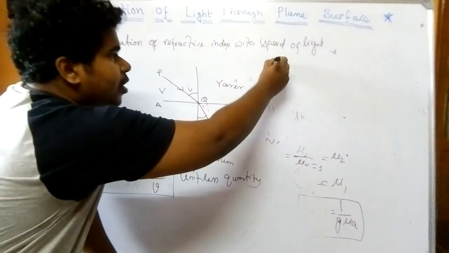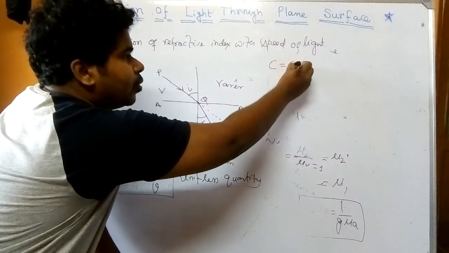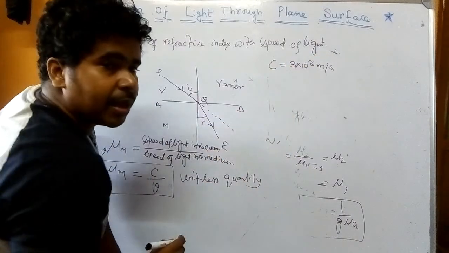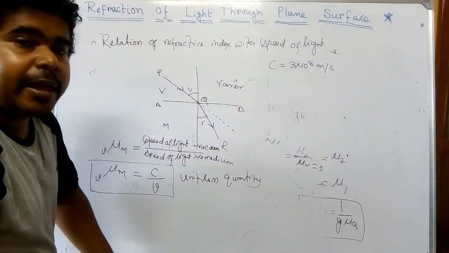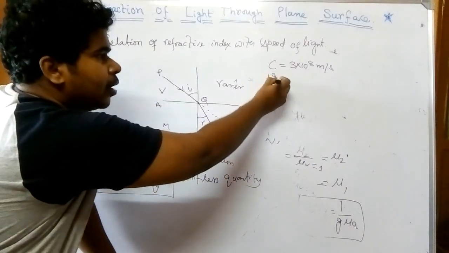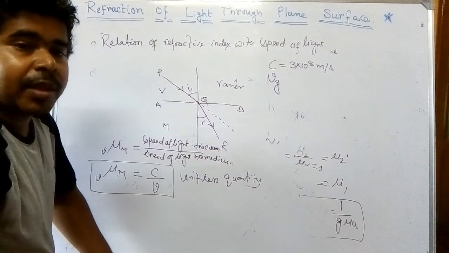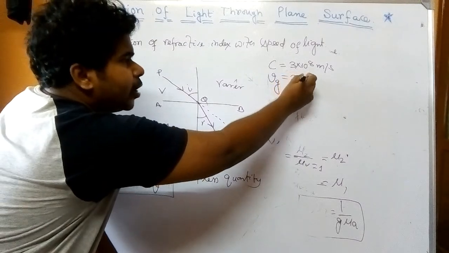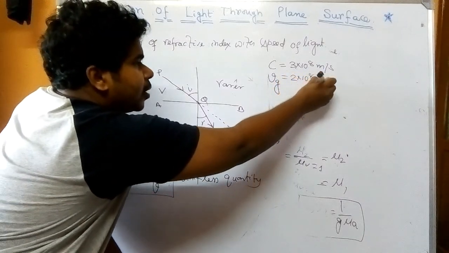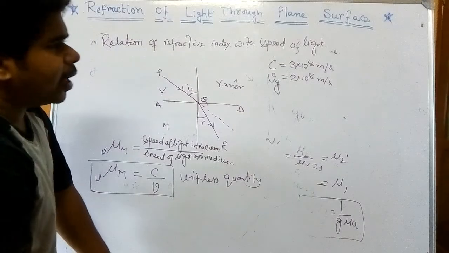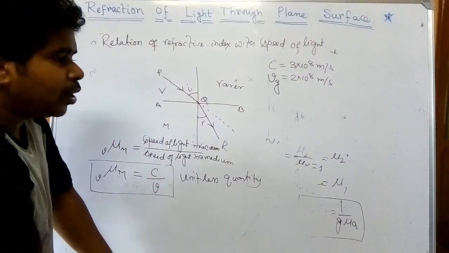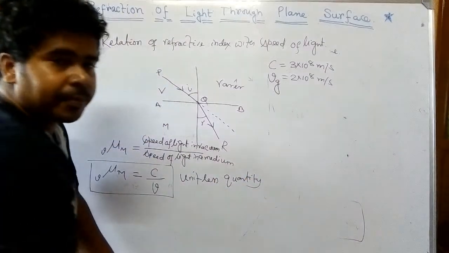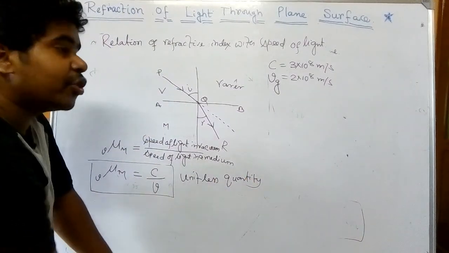We all know the speed of light in vacuum equals 3 × 10^8 meter per second. And the speed of light in glass, which we denote by Vg, is 2 × 10^8 meter per second. So if a light ray comes from vacuum to glass, what will be the refractive index of the glass with respect to vacuum?